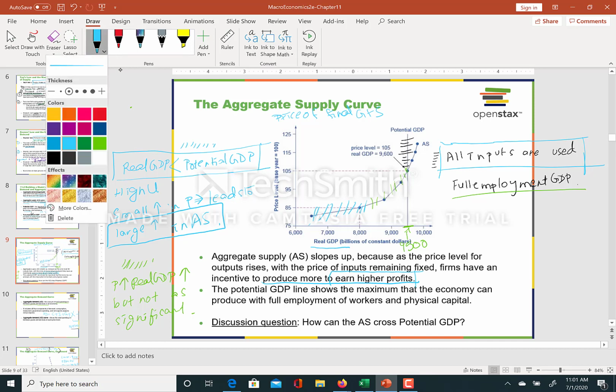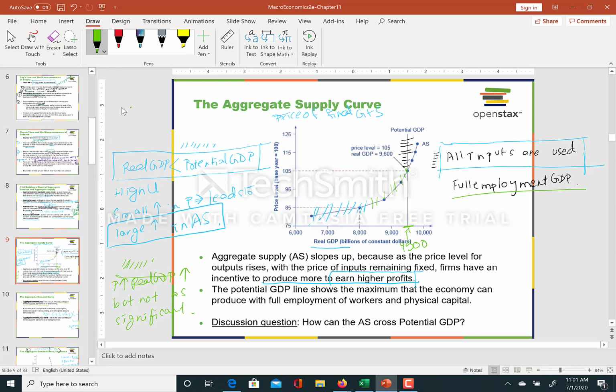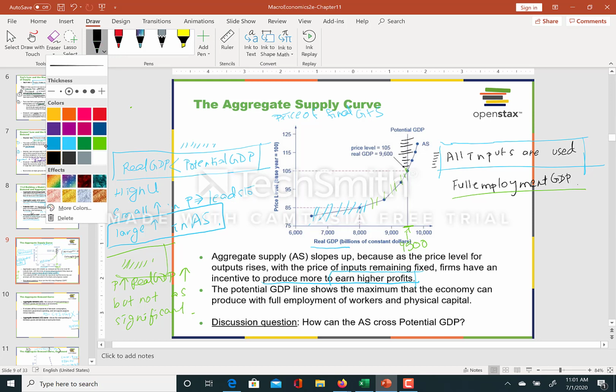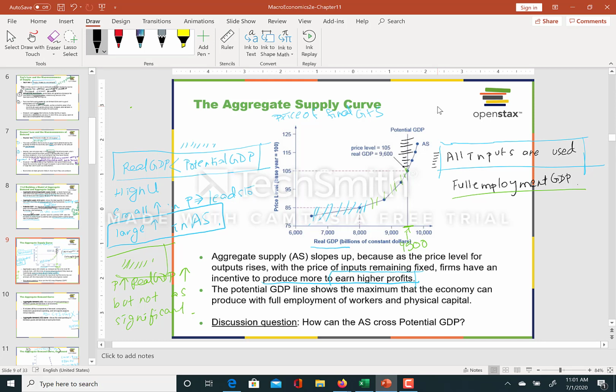Now take a look at this intermediate part of the aggregate supply curve that is shaded in green. Over this part, when the price increases, the real gross domestic product is also going to go up, but the increase is not as significant as in the blue shaded part. Now I'm going to look at the far right of this aggregate supply curve, where the aggregate supply becomes nearly vertical.